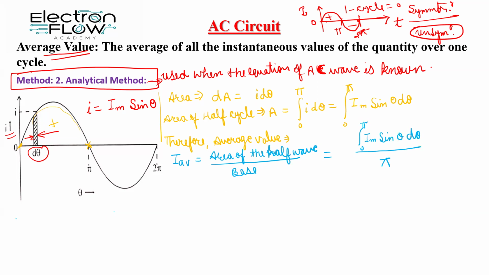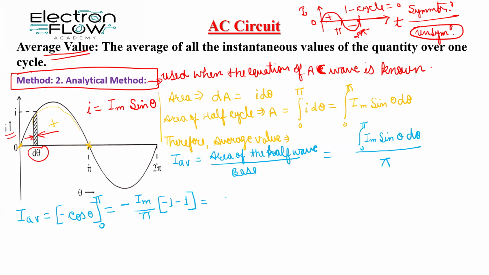Let's solve this equation further. I average is equal to, now we know that the integration of sine theta is minus cos theta, with limits 0 to pi. This equals negative of Im divided by pi times, cos pi is minus 1, minus cos 0 is 1.